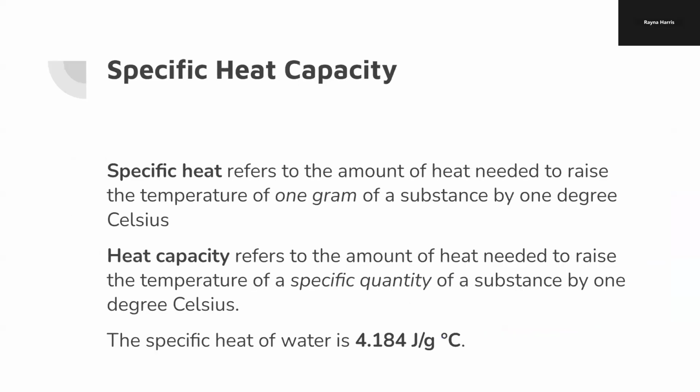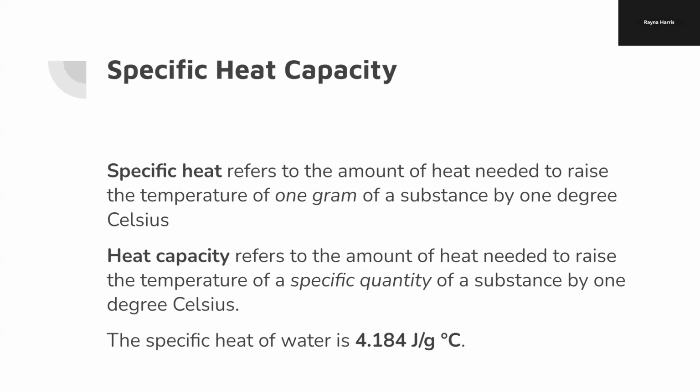Okay. So we'll have a little bit more definitions before we move on. So the specific heat of an element or of a metal or a mixture refers to the amount of heat needed to raise the temperature of 1 gram of that substance by 1 degree Celsius.